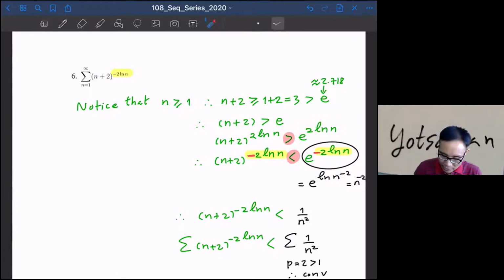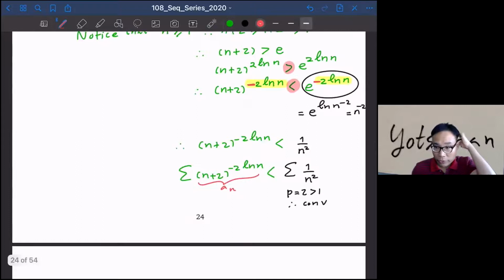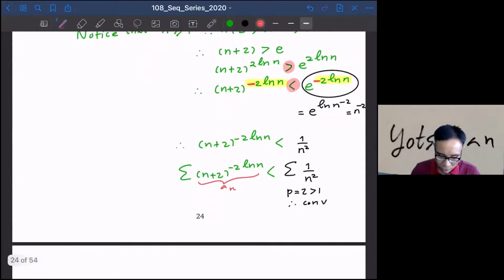And you see that this guy turned out to be convergent, and this guy is your a_n. So you have your series turning out to be smaller than the series that converges, so you must have that the series is convergent by the comparison test.